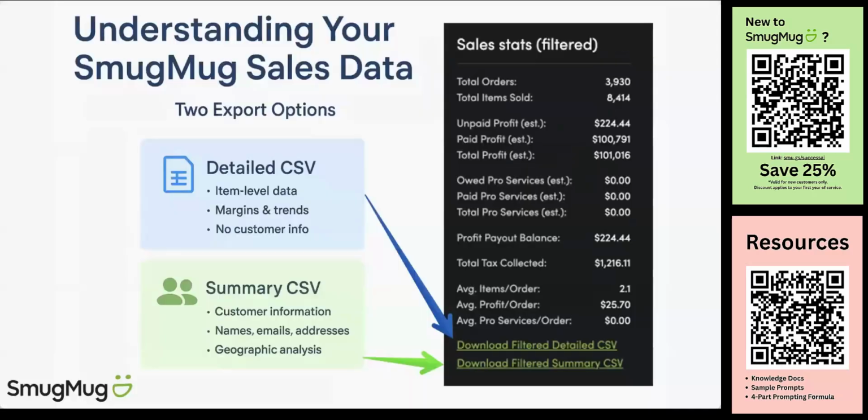All right, now that you understand how to navigate and filter the sales data, let's talk about the actual data you'll be working with. When viewing your SmugMug sales history, you can download two different types of CSVs, and choosing the right one depends on what kind of analysis you want to perform. The detailed CSV breaks each order down at the item level.